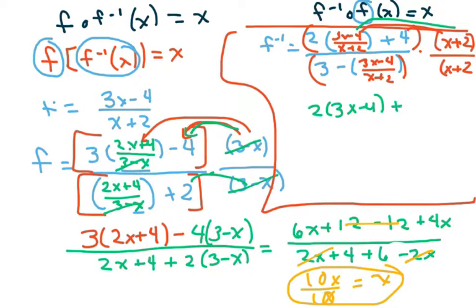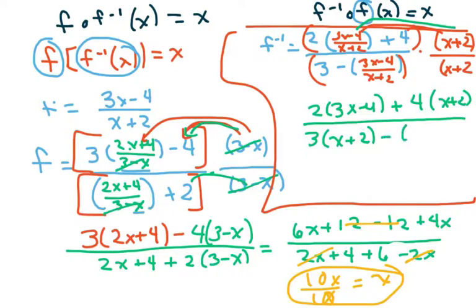And then you have to multiply 4 times x plus 2. And for the denominator, we're going to get 3 times x plus 2 minus, don't forget your parentheses, 3x minus 4. This cancels here.